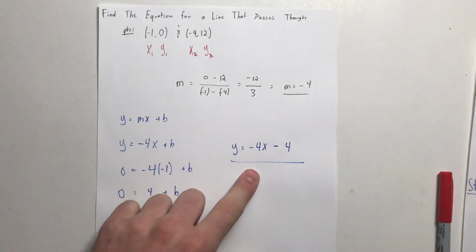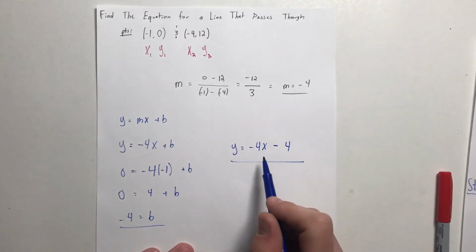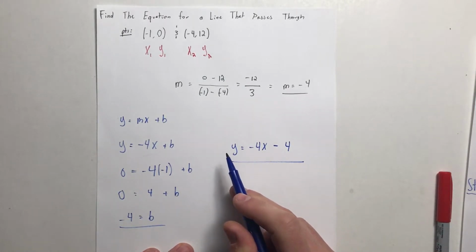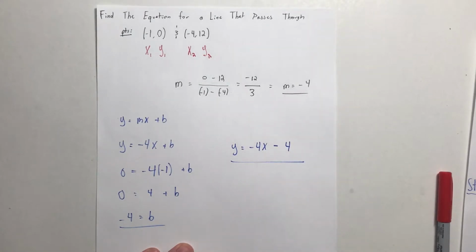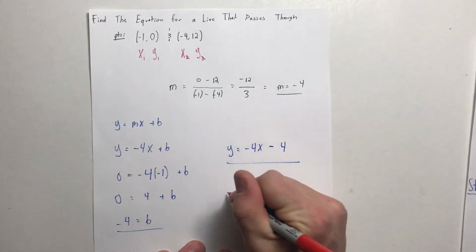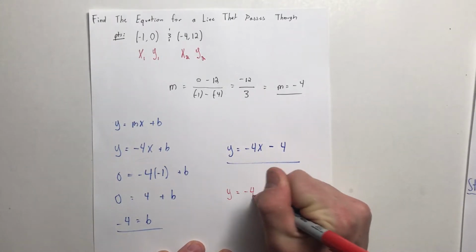So what this is going to look like: I'm going to add 4 to both sides of this equation. So I'm adding 4 and they cancel on this side and we get a positive 4x over on this side. Let me just rewrite this really quick. This is a kind of important bit of algebra.